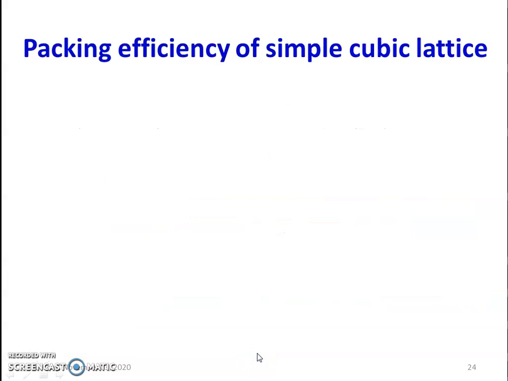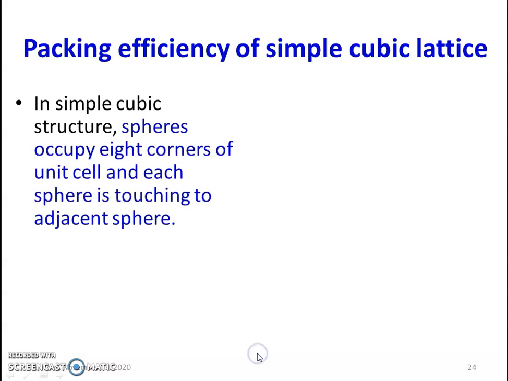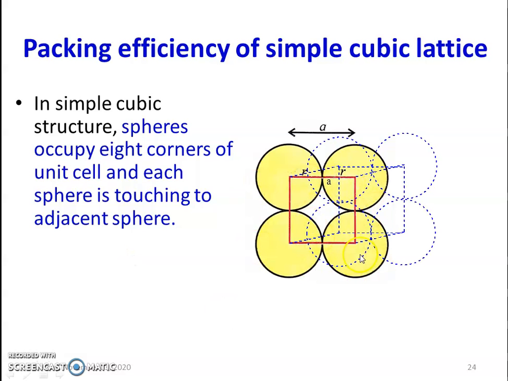Now the next point is packing efficiency of simple cubic lattice. Here in a simple cubic structure, spheres occupy the 8 corners of the unit cell and each sphere is touching the adjacent sphere. For example, look at this diagram.